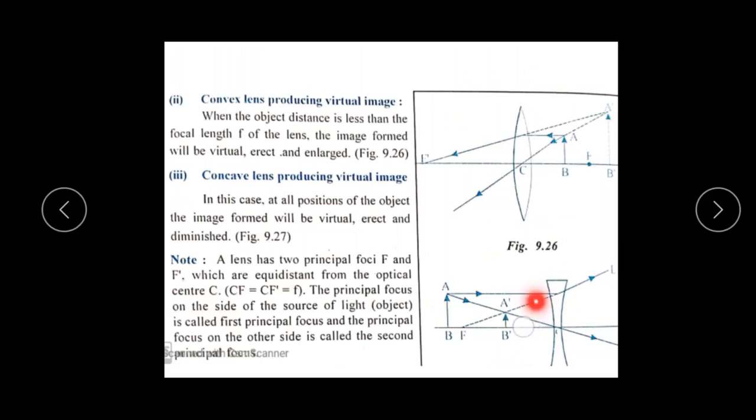Wherever you place the object, the image formed will be a virtual image, direct image, diminished image. This is the case in the concave lens.